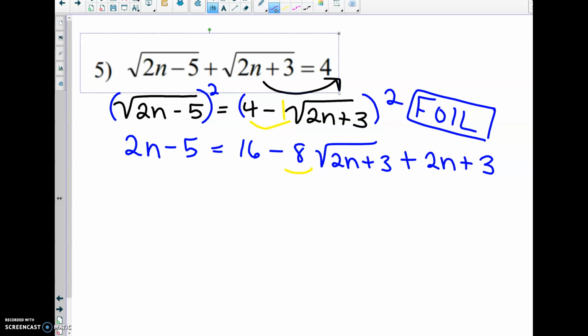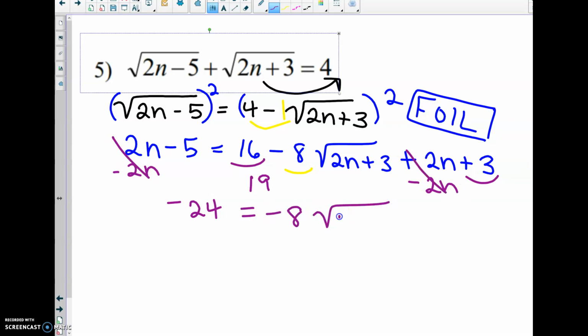Combine like terms and isolate your radical. So 16 and 3, so 19. Moving to the other side, so that would be negative 24. Well, this is nice. 2n and 2n, when we move that to the other side, they cancel. So you are left with negative 20, negative 8 times the square root of 2n plus 3.